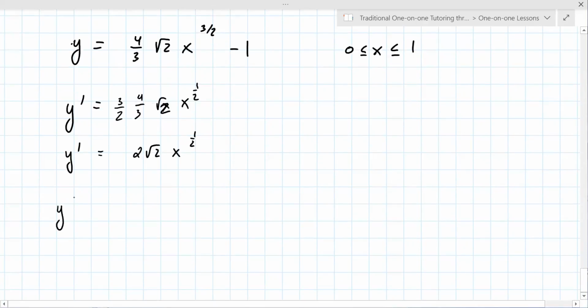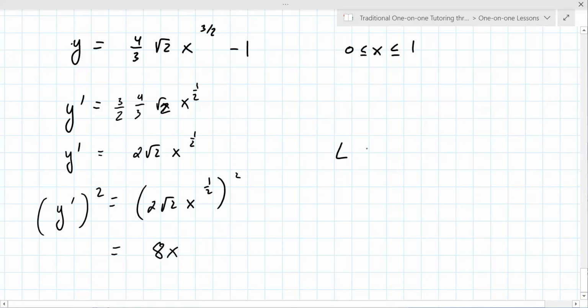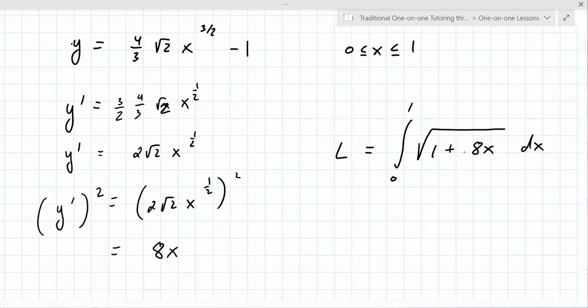So you get y prime squared, square both sides, so you get 4 times 2, 8x, like that. And your L is the integral from 0 to 1, square root 1 plus 8x, whatever. And that's why I like to do it here. I don't like to square it inside there because that could get messy.